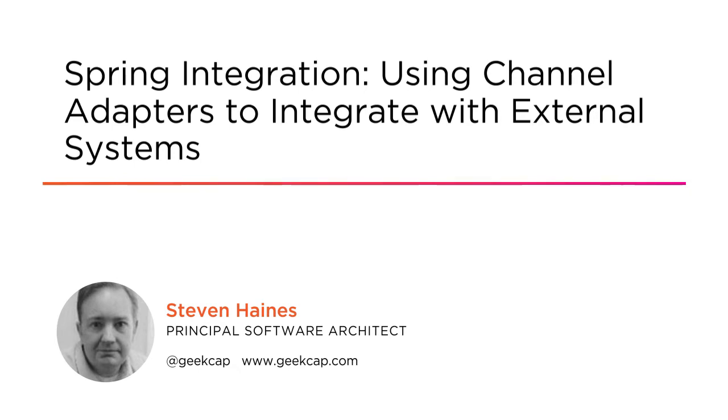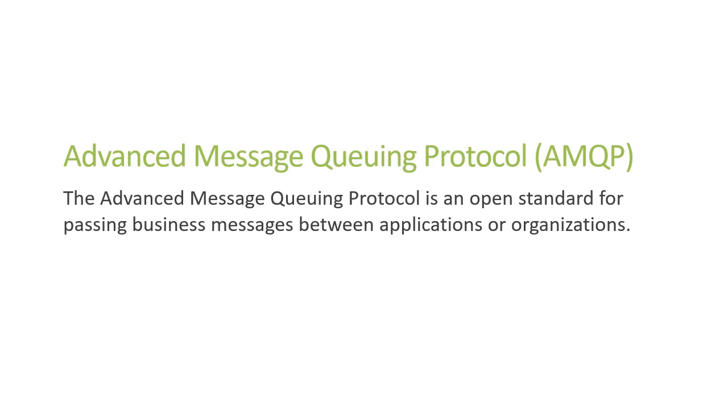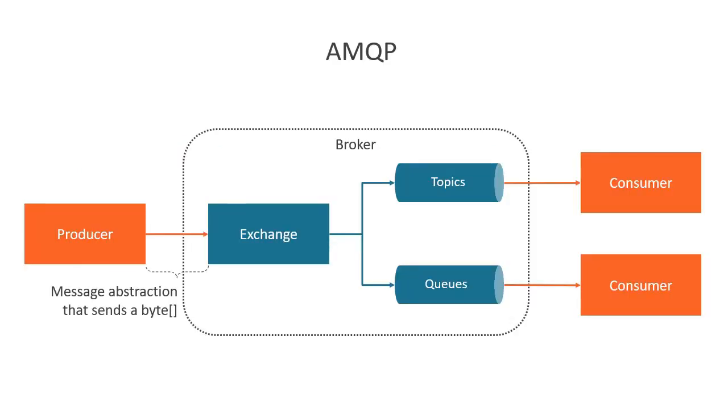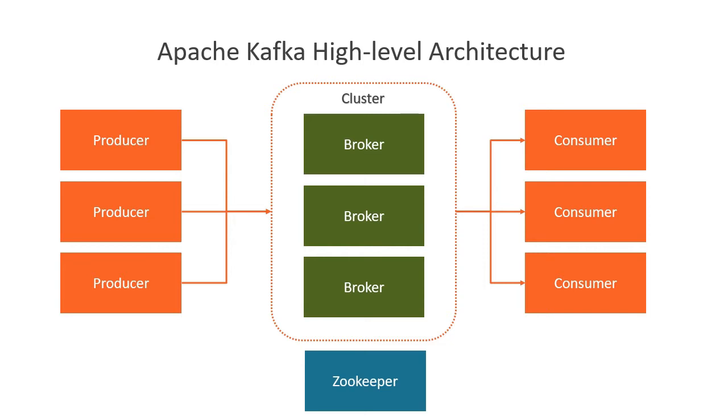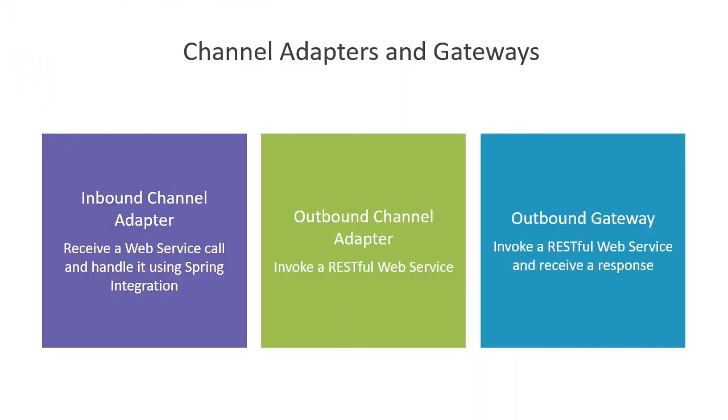Spring Integration is Spring's implementation of the enterprise integration patterns and provides powerful functionality for integrating different components across your environment. In this course, we're going to review how to integrate with different external systems.